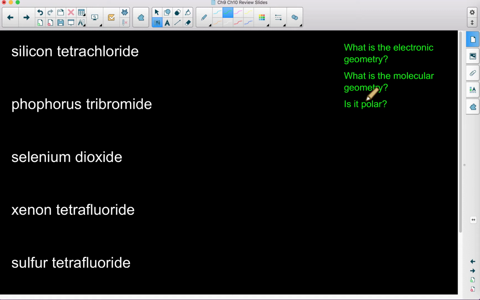So let's go ahead and start with one. So for silicon tetrachloride, first we need a formula. So this would be SiCl4. So we count our valence electrons where silicon has 4 plus, we have 4 chlorines with 7 each, which means we have 28, plus this is 32 electrons. So we'd start by putting our atoms on paper, silicon, chlorine, chlorine, chlorine, chlorine.